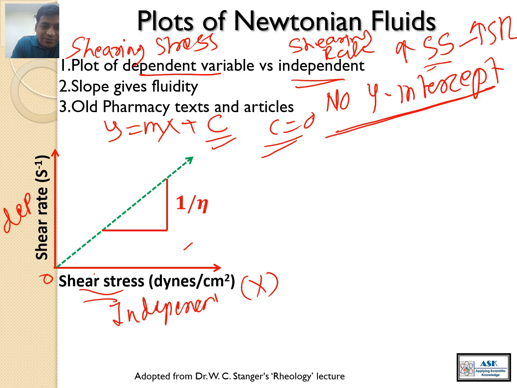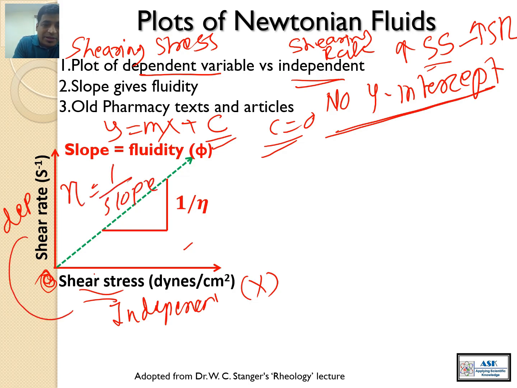So the Newtonian liquid relationship starts from the beginning, from 0, and in this case from the slope you get 1 divided by eta, and that is the fluidity. And if you want to calculate the viscosity, it is 1 divided by slope for this plot, where shearing stress is on the x-axis and shearing rate on the y-axis.